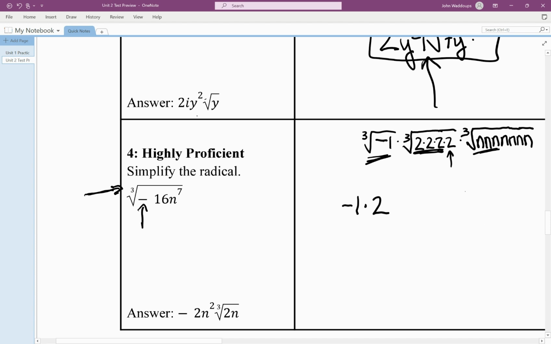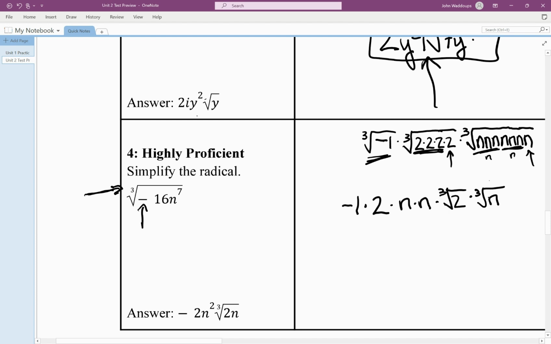There's one group of 3 n's, there's another group of 3 n's. Each of those is going to come out just as an n, and this one is going to stay. So I've got times n, or you could do that mentally and say that's n squared. But I'm going to multiply all these together. And then I've got what stayed under the radical: this 2, so that's the cube root of 2, and then just one n, so that's the cube root of n.